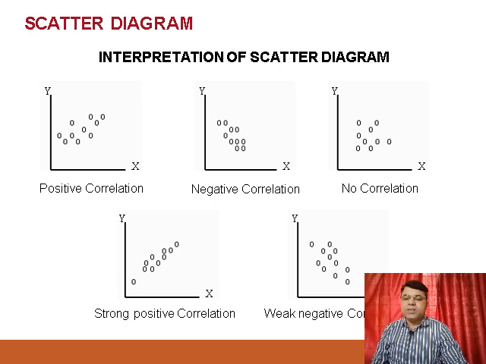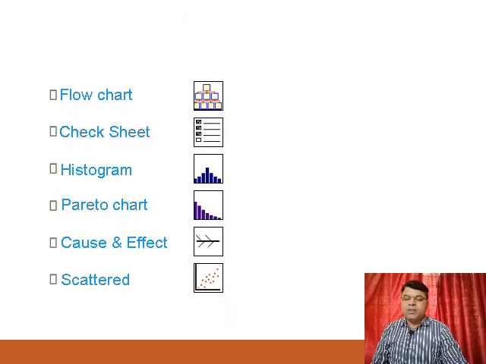So this is no correlation, and if there is a strong positive correlation, then the line of action is completely together with positive correlation, and weak means there is no correlation with each other. So this is the scatter diagram.